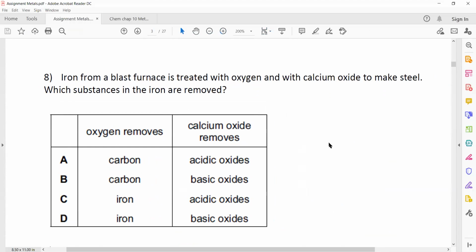Iron from the blast furnace is treated with oxygen, which contain calcium oxide to make steel. Which substance in the iron are removed? So purpose of oxygen is to remove carbon, that's right. And purpose of calcium oxide is to remove acidic oxide. That's also right. So A is the correct answer.